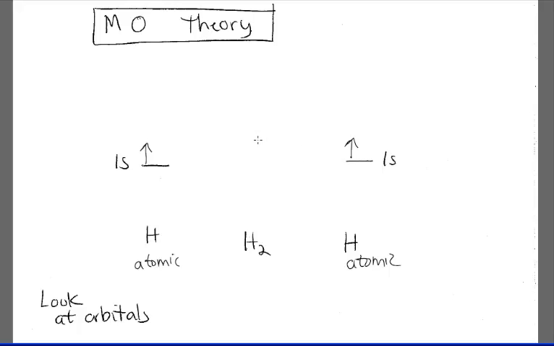When they form the molecule H2, they form molecular orbitals, and again, there's conservation of orbitals: they form 1 which we call sigma bonding, and they form another one which we call sigma star, which is the anti-bonding orbital.